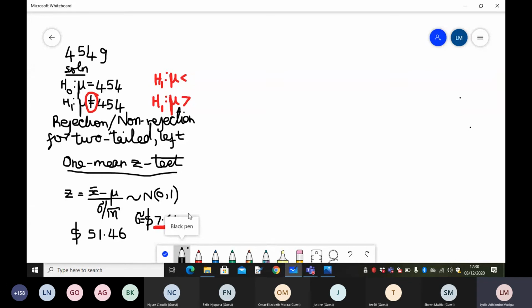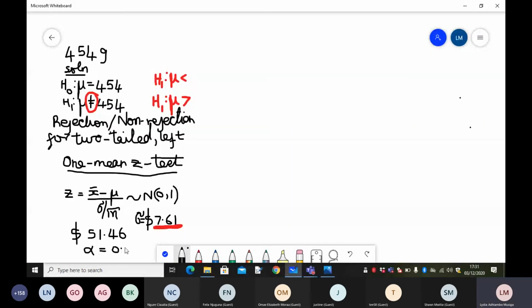The level of significance is 1%. That is alpha is equal to 0.01.